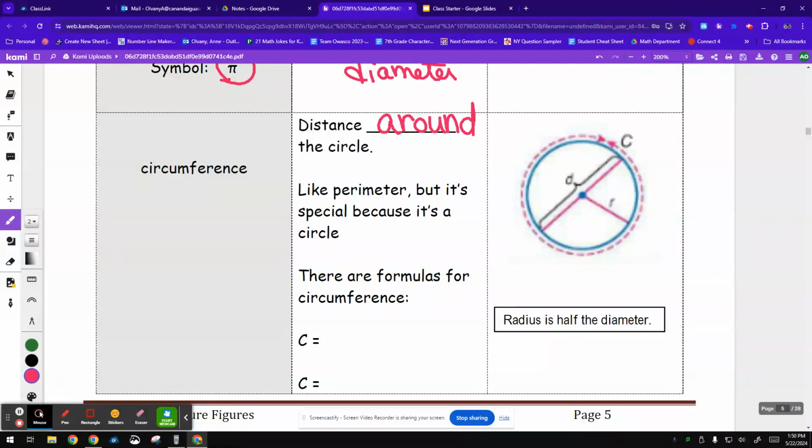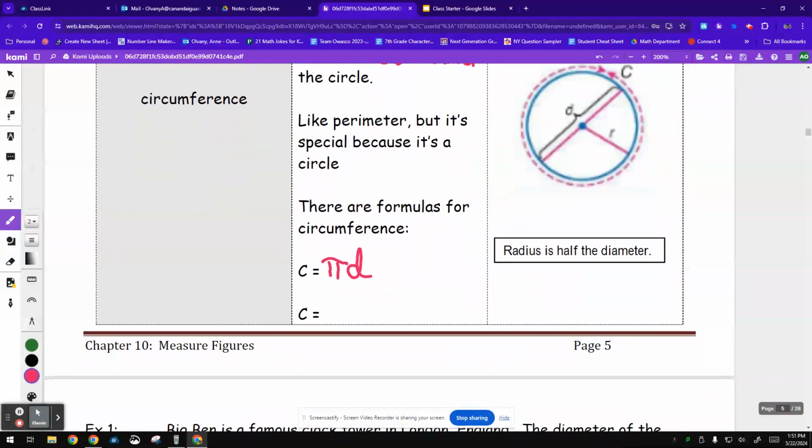The formula to find the circumference is C, which stands for circumference, equals pi d. Pi times the diameter. The other formula to find circumference revolves around radius.